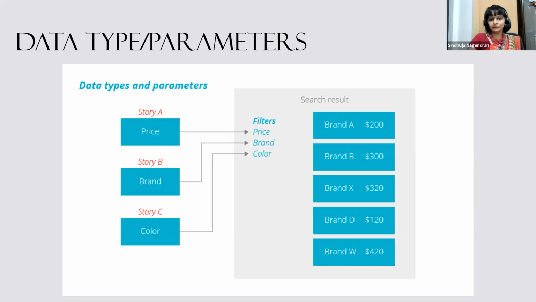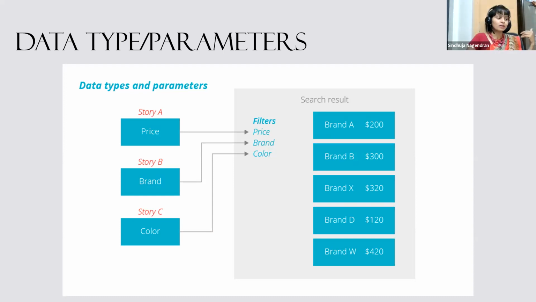Data types or parameters. So this is also another option. In our retail websites, we used to see this type of filters in our user stories. Say for instance, if you're taking Amazon, we will always have so many options on the left side stating price. If you want to filter out based on the price, that will be separated.